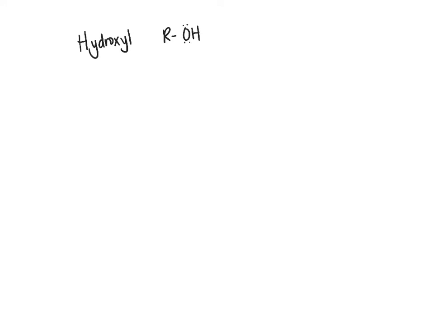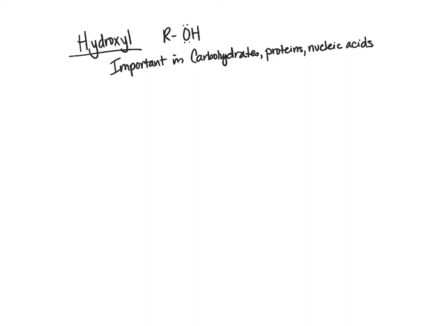Our hydroxyl group is important in carbohydrates. We'll see these a lot in proteins, and also in our nucleic acids. So our hydroxyl group, we'll see these in carbohydrates, proteins, and nucleic acids.